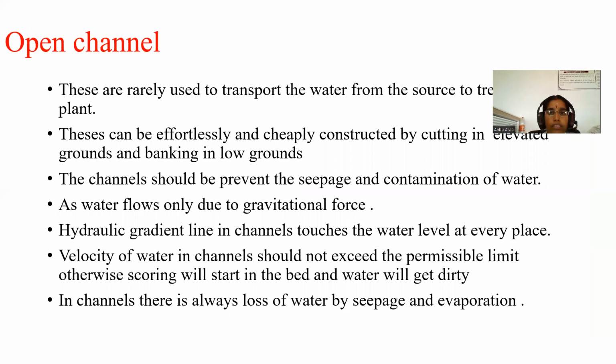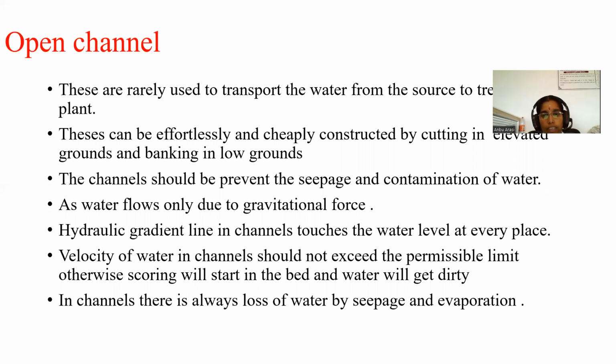Then open channel. We see the open channel. These are rarely used to transport water from the source to the treatment plant. These can be easily and cheaply constructed by cutting in high grounds and banking in low grounds. The channels should prevent seepage and contamination of water, as water flows only due to gravitational force.